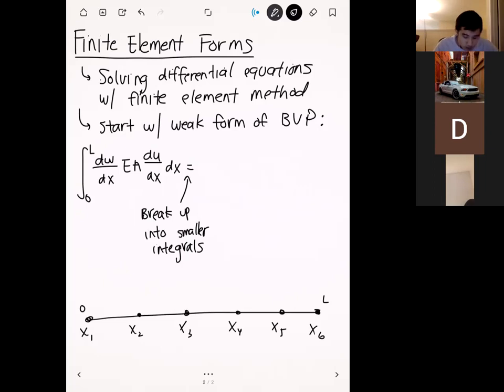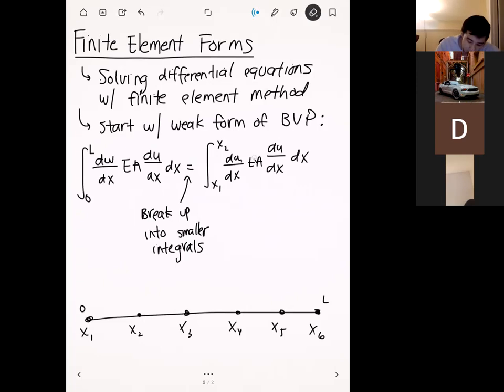What the finite element method says is that instead of solving one integral over the entire domain, let's break this up over each of the different elements. So let's integrate from x1 to x2 of dw/dx, EA, du/dx, dx.